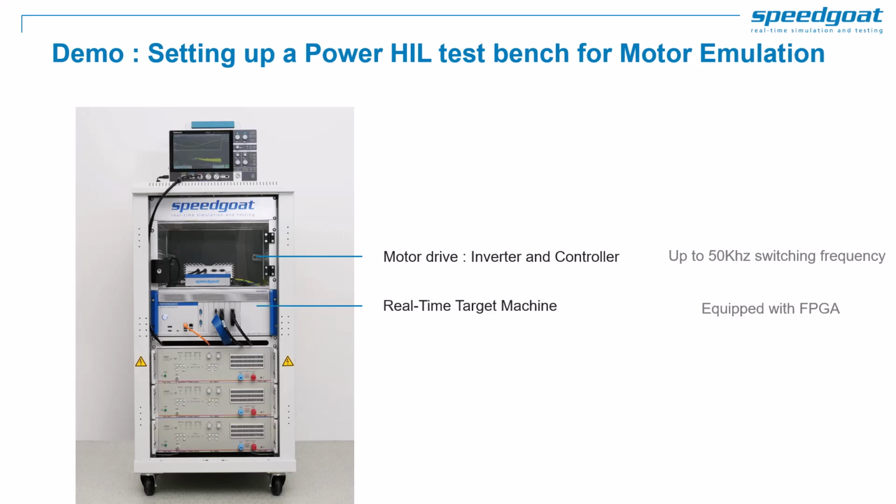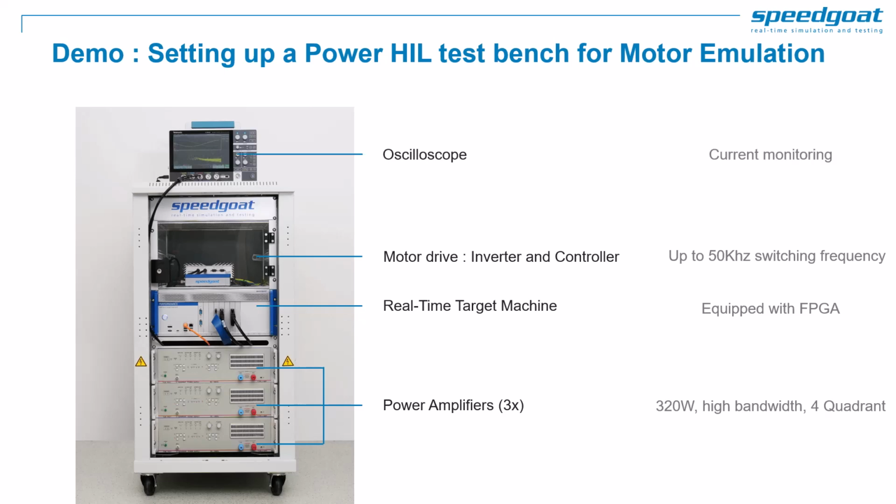The PMSM motor model runs on the performance real-time target machine, where its FPGA calculates the motor currents depending on the voltage coming from the inverter. The currents will then be generated by controlling the 3 power amplifiers, which are directly connected to the output of the inverter. Last, we have installed current probes to measure the current flowing from the power amplifier on an oscilloscope.